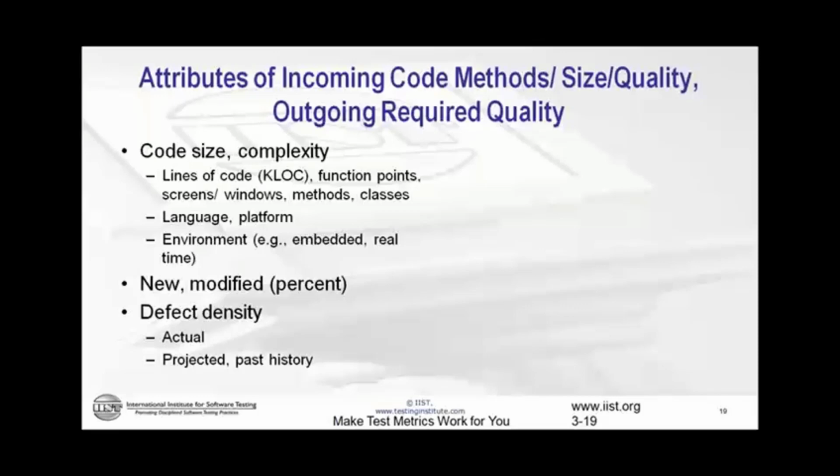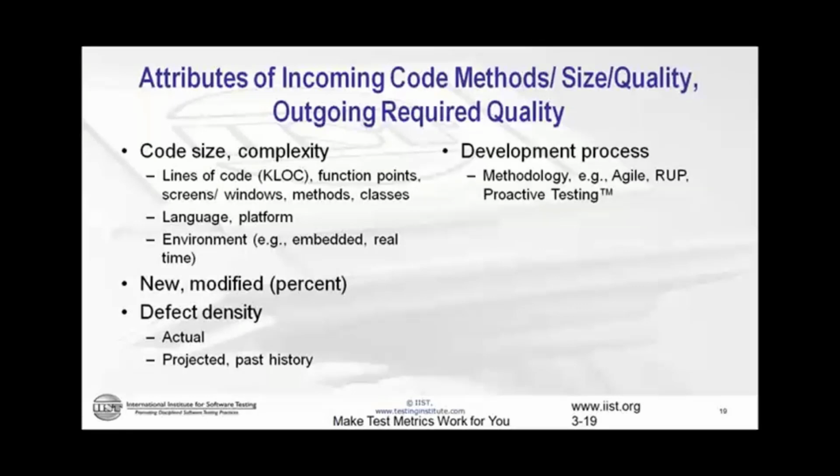Okay? If we're getting something different from what we project, then that's a tip-off to go look for things that are causing problems or reducing problems, such as, for instance, our various development practices.